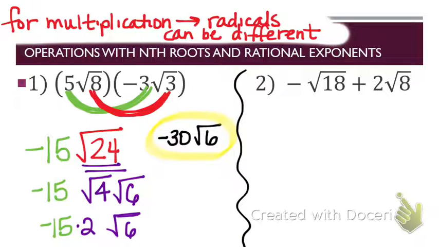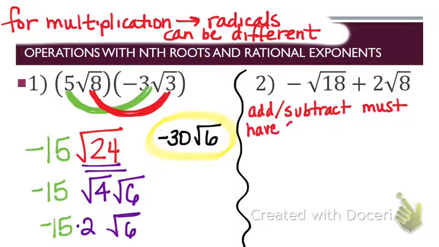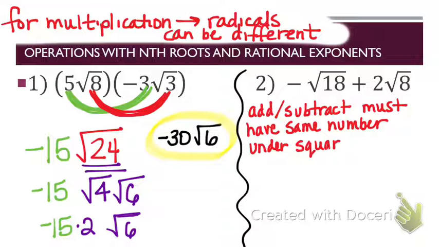So for addition and for subtraction, you must have the same number under the square root. So for multiplication, they can be different, but for adding and subtracting, they have to be the same.